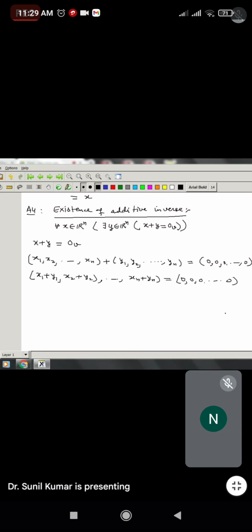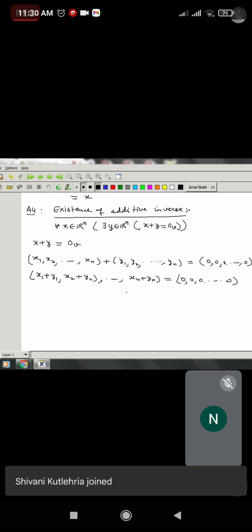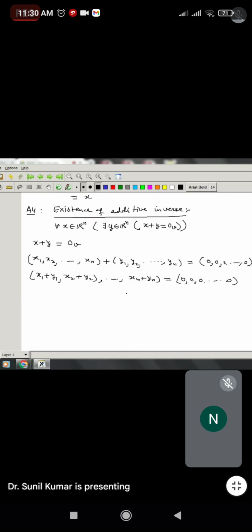Now what is my next step? Sir, x1 plus y1 is equal to 0, comma x2 plus y2 is equal to 0, and so on, xn plus yn is equal to 0. How can we write? Because two vectors are equal only when their corresponding elements are equal. Very good. So we have two vectors. Let x is equal to y.